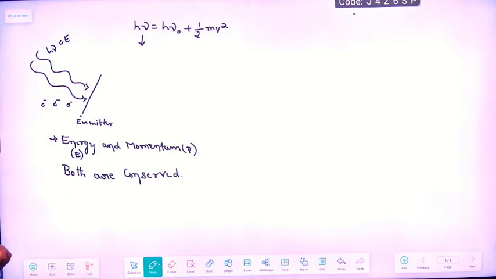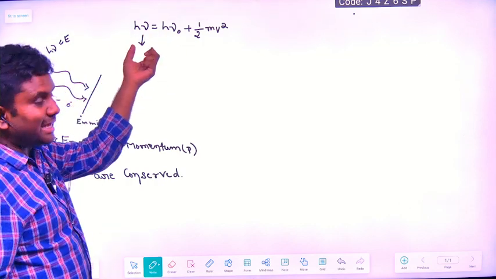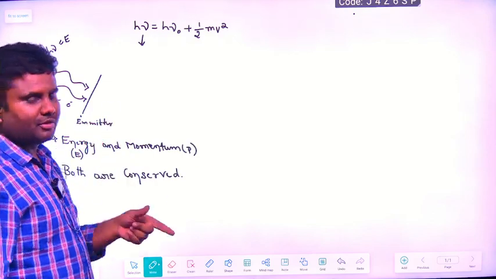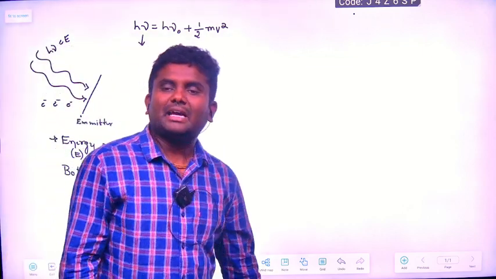So energy cannot be lost. Whatever energy comes from the light source, part of the energy is used by the electron to come out from the metal surface, and the remaining part of the energy is used to move with maximum kinetic energy.